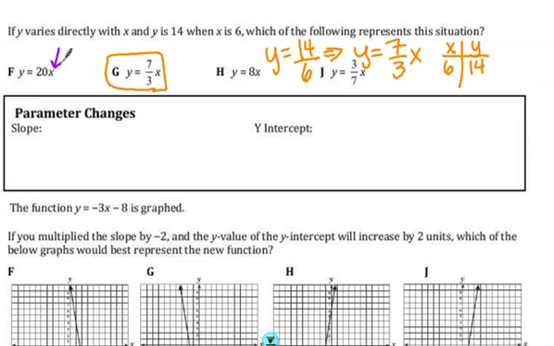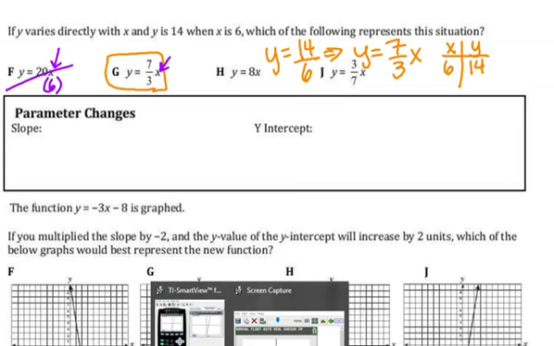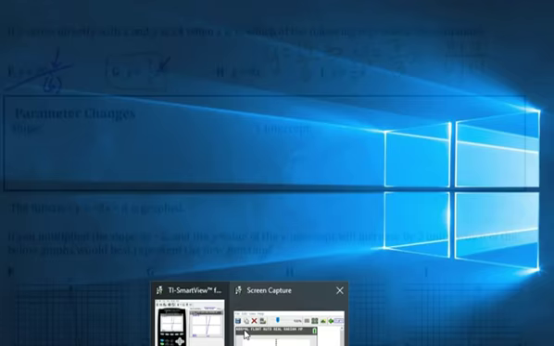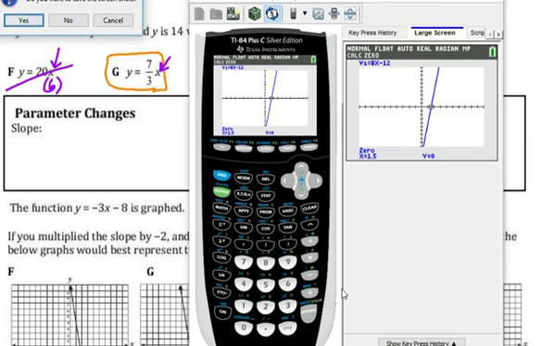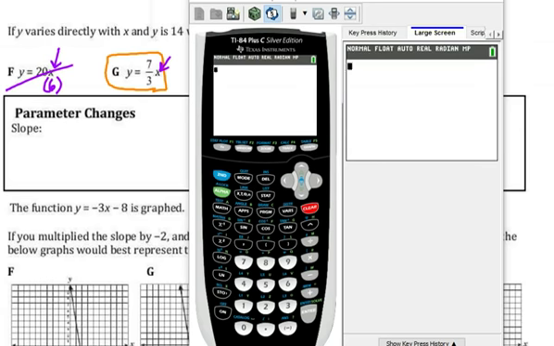So for example on F, if I plugged in 6 here, would that y spit out 14? Well, no, it wouldn't, right? That'd be like 120. So that's going to be out of the question. Now if I plug in 6 here for x, now watch, ready? Sorry, serious computer problem.